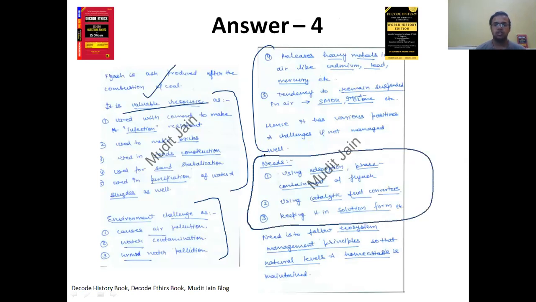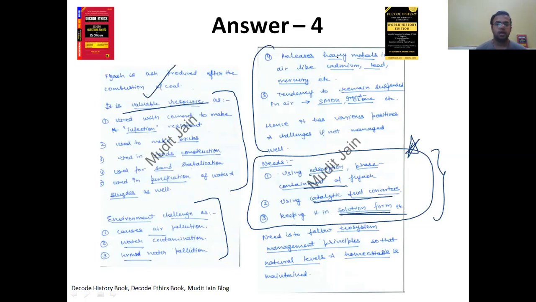Now, see these points. These are important as these mention keywords from Shankar. Using adsorption, phase containment of fly ash, using catalytic fuel converters, keeping it in a solution form. If you read the pollution related chapter of Shankar book, I'm sure you will be able to see these points somewhere or other.